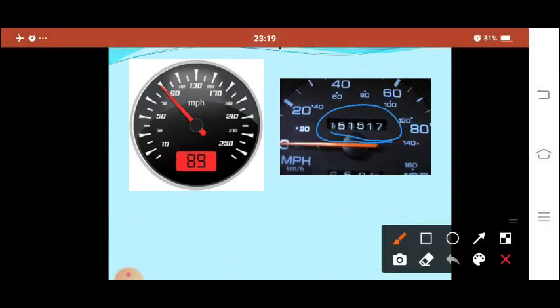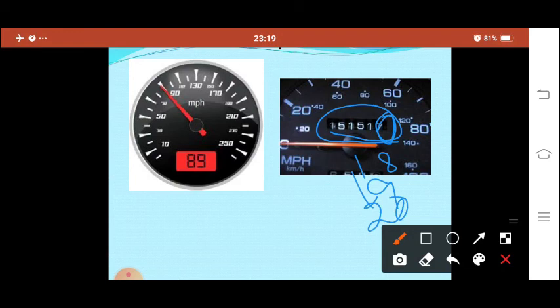Here you can see many numbers written. When we pass 1 kilometer, the number changes, like 7, 8, 9 and then 20. It keeps changing continuously as the vehicle runs, after every 1 kilometer. It is also digital.